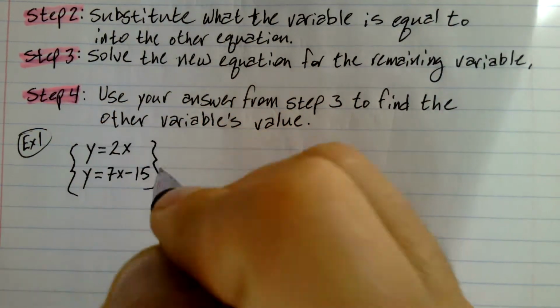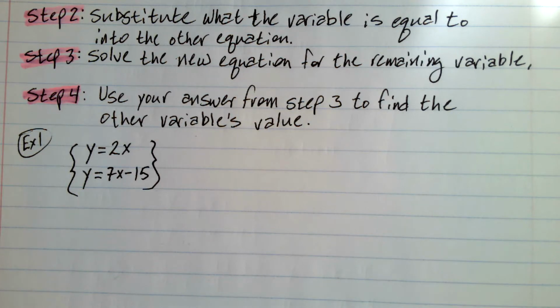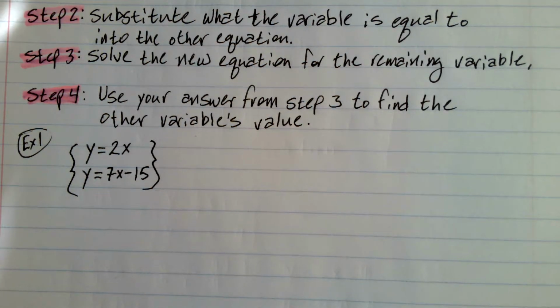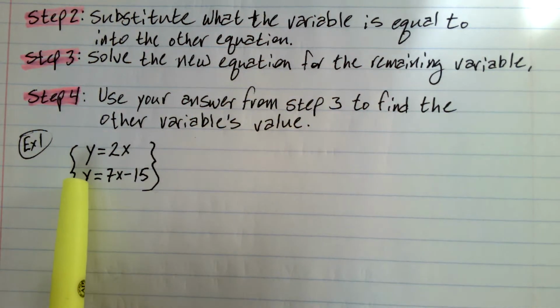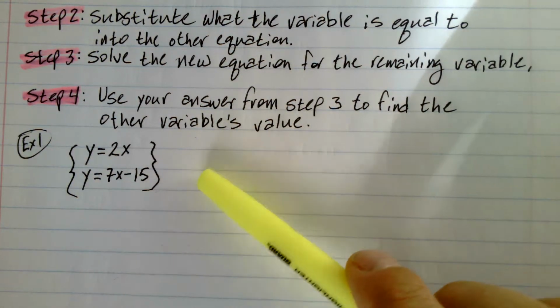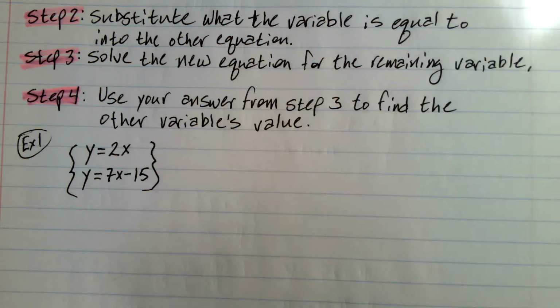This is a system of equations, and we have to do that first step: find or create an equation with a variable by itself. At this point, we have both equations with a variable by itself.